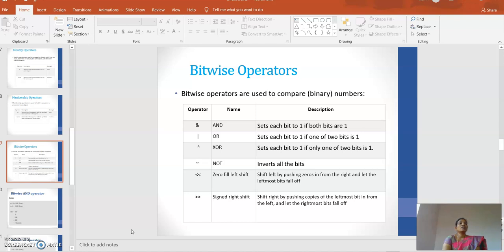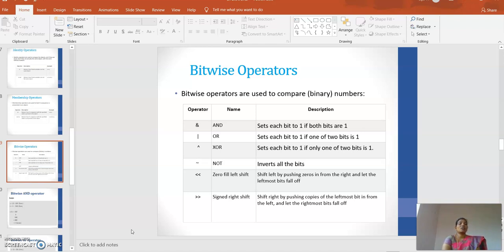The first one, AND, sets each bit to 1 if both bits are 1. The second one, OR, sets each bit to 1 if one of two bits is 1. XOR sets each bit to 1 if only one of two bits is 1. Next, NOT inverts all the bits.